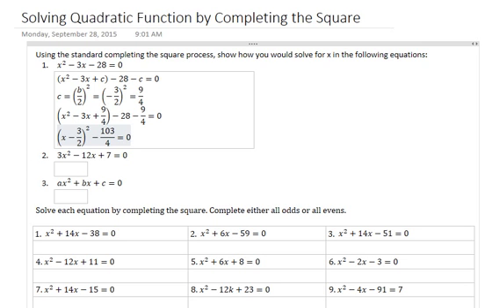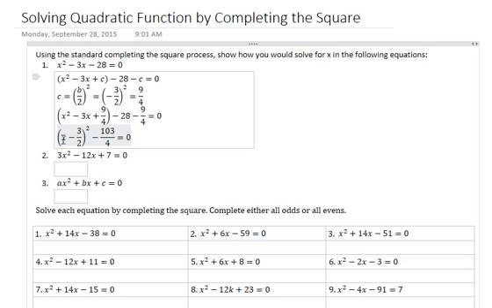Now here, we are in what we have come to know as vertex form, where my vertex for this particular parabola is at the point 3/2, negative 103 over 4. We've been using those points to graph for quite a while. Now we're going to use this to solve for our x.